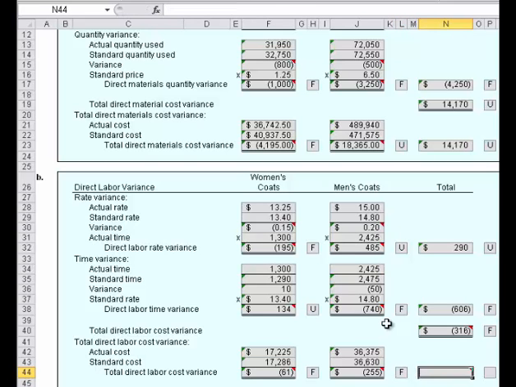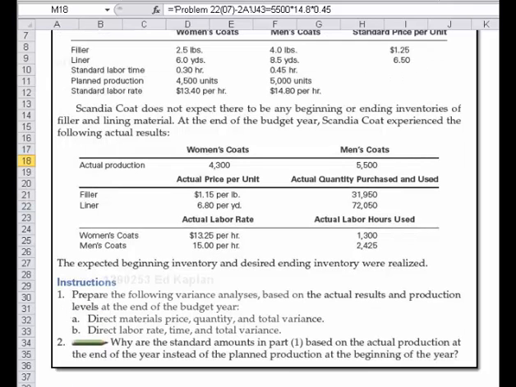So this time when we add across, I'll copy this cell, we come up with adding two favorables, so that's a favorable. So total direct labor cost variance was actually favorable by the dollar amount of $316. I probably should format this, put the formats back the way they should be.